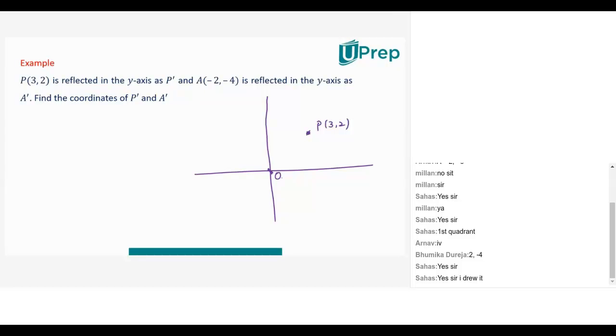I just kept a small mirror here. And I am standing at P and watching. I placed the mirror at origin, where the coordinate axes are intersecting. It's like a small round, pointed mirror. And I am standing at P (3, 2) and watching. My question is, where will be my image? It's a point mirror.